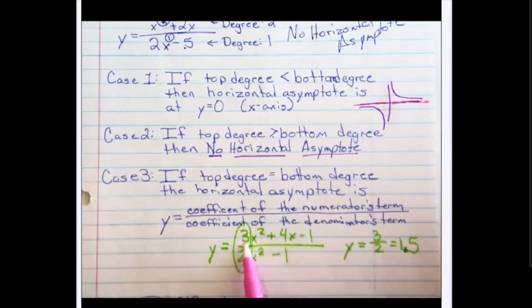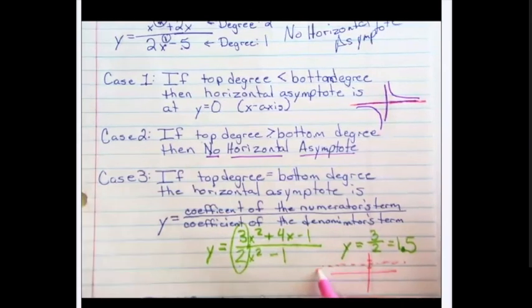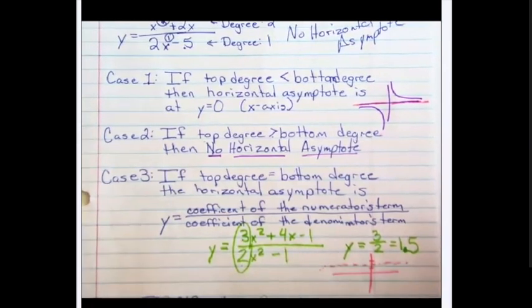So see how the coefficient here is 3 and the coefficient here is 2? The horizontal asymptote is going to be y equals 3 over 2 or 1.5. So this horizontal asymptote would be right along there. And it just shows me where it breaks up.